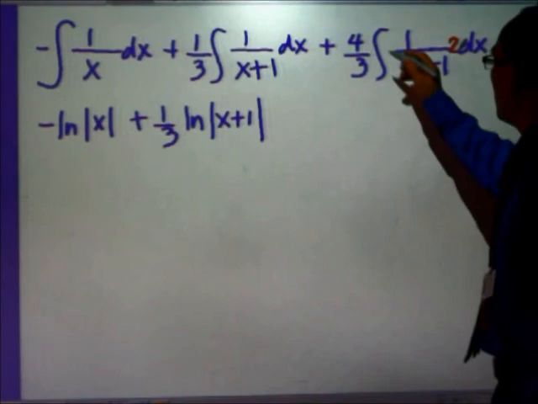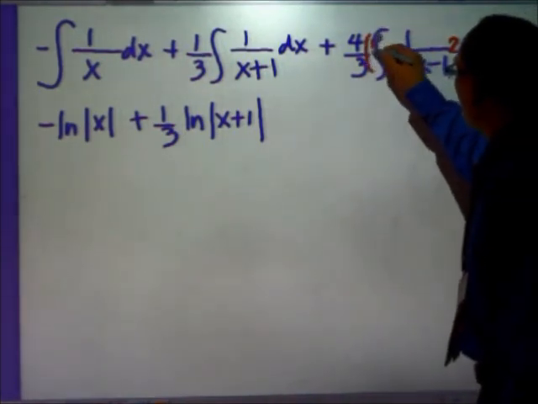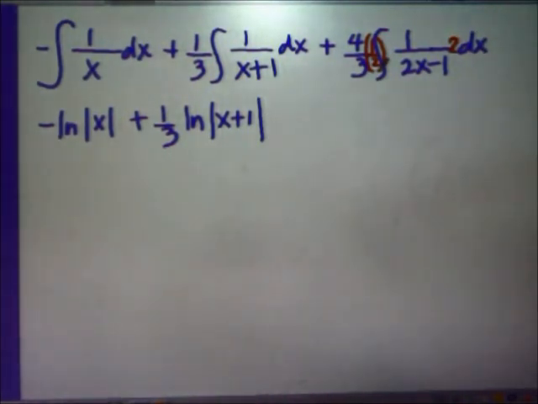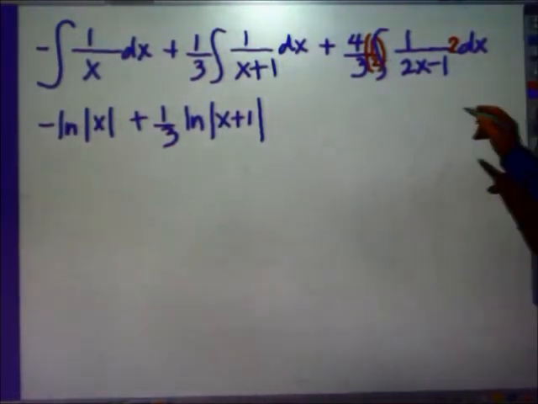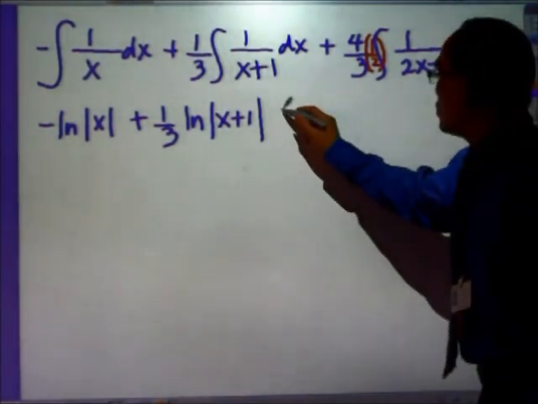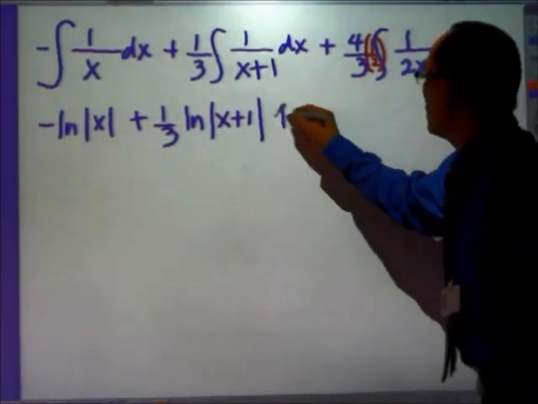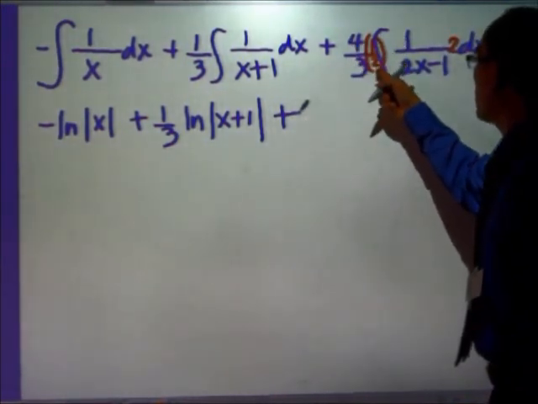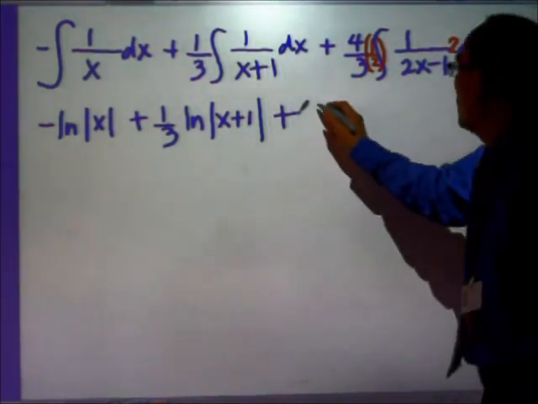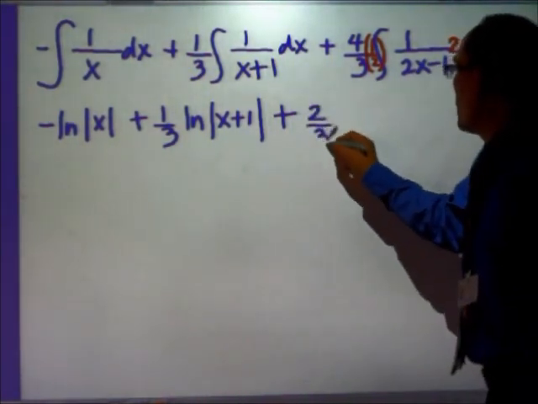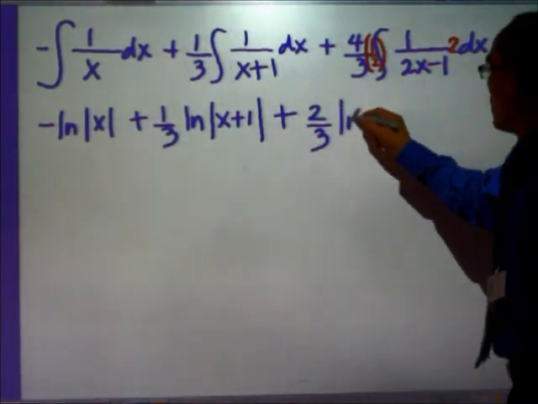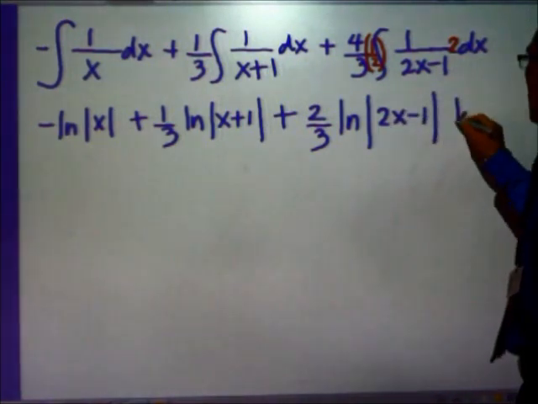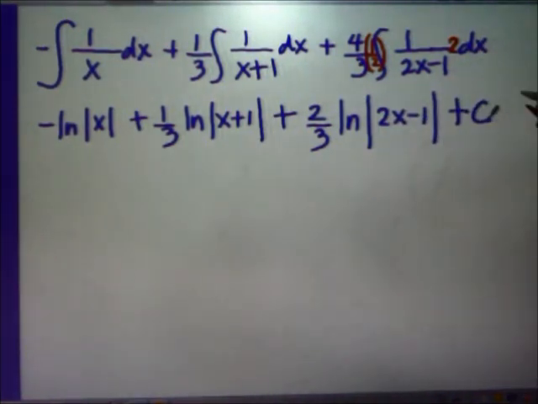And to compensate for that, we can write 1/2 in here. Alright? So that we can simplify this into plus 4 times 1/3 times 2 is 4/6, which is actually 2/3. And now we can write ln of the absolute value of 2x minus 1, of course, plus c. This is our answer for number 2.